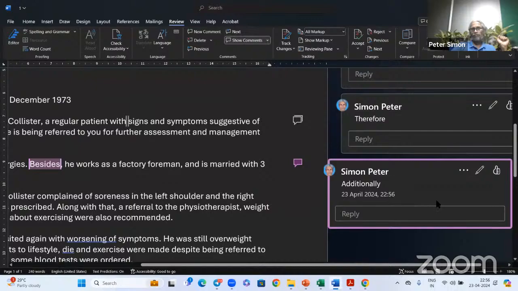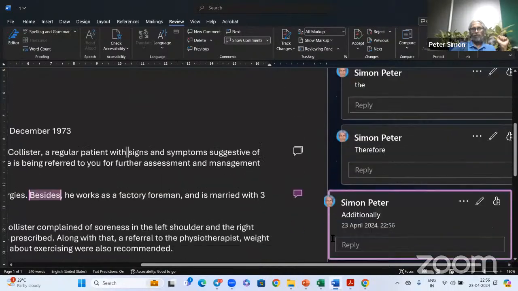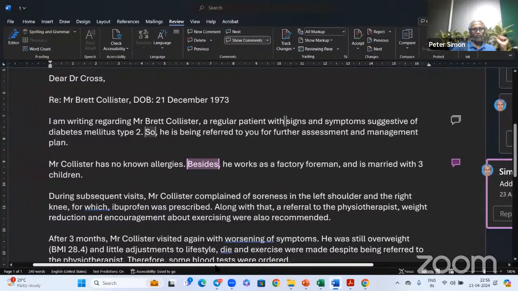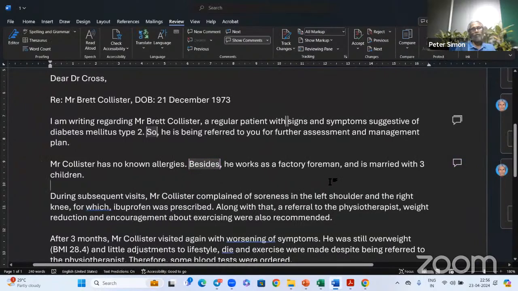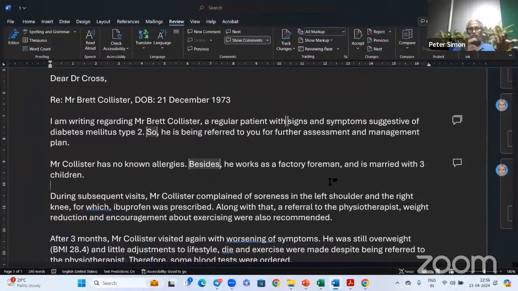Otherwise, you need not write. Just write he works as a factory foreman. But don't use besides. If you don't write it also, no problem. He works as a factory foreman and is married with 3 children.